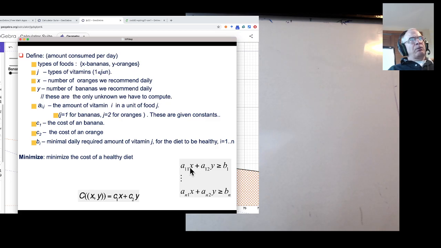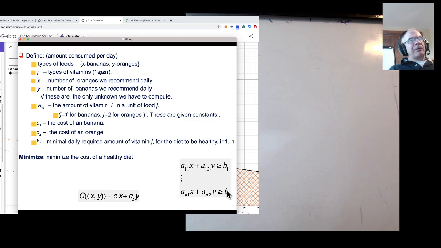And vitamin 1 will give me the constraint that A11 times X, that's how many units of vitamin A you're getting from an orange, plus A12 times Y, where A12 is how many units of vitamin A we have in a single banana, and Y is the number of bananas that we are going to consume per day. So the sum of these two values is how many units of vitamin A from both bananas and oranges we are getting daily, and this should be larger or equal than B1.